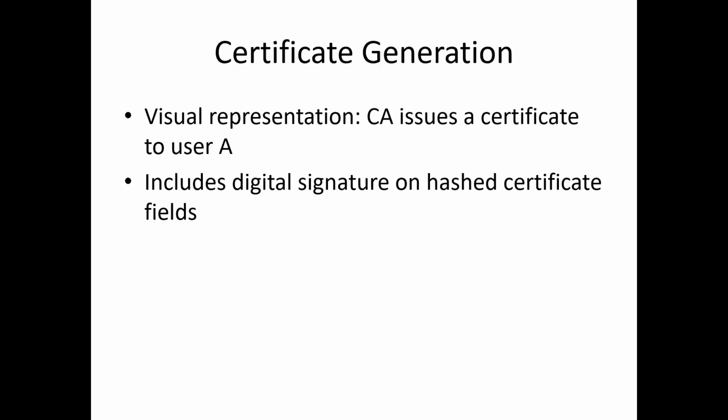Certificate generation, visual representation. The CA issues a certificate to user A. Think of it like a university giving you a degree. It includes a digital signature on the certificate fields, which ensures that the data in the certificate hasn't been tampered with.